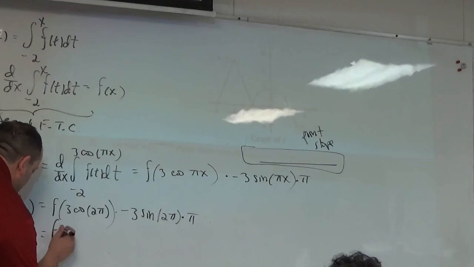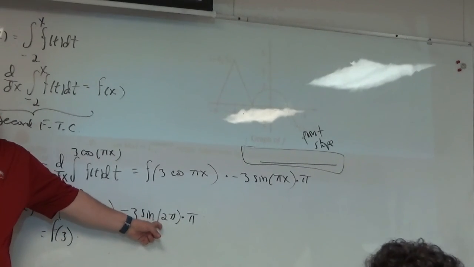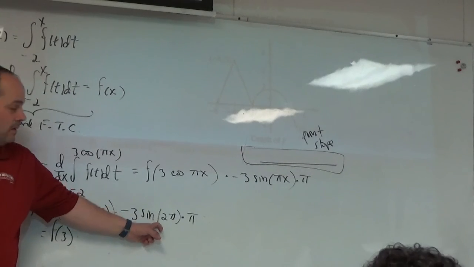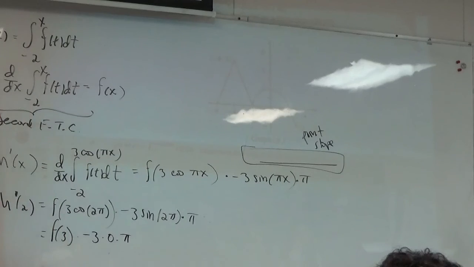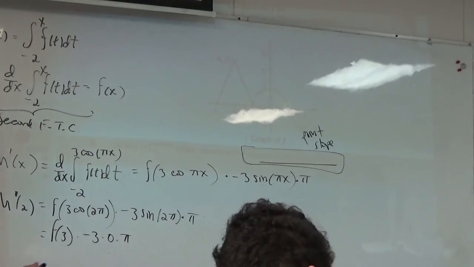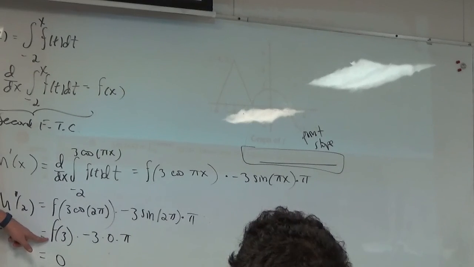So this is f of 3. Anybody know the sine of 2 pi? 0. So you've got -3 times 0 times pi. That's all 0. Whatever f of 3 is, I don't care.